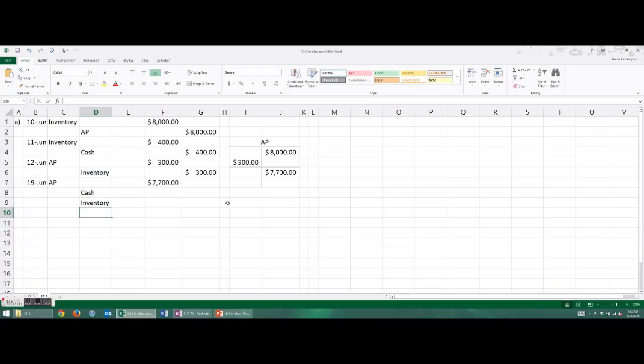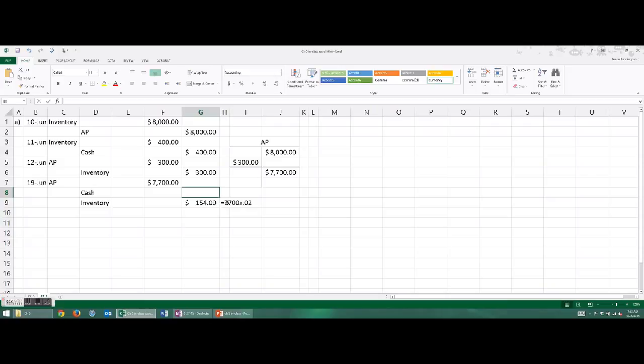The terms are 2/10, net 30, which means a 2% discount on the net amount, so less the return, so $7,700 times 0.02, which works out to $154. And we can plug the cash, which makes the entry balance.